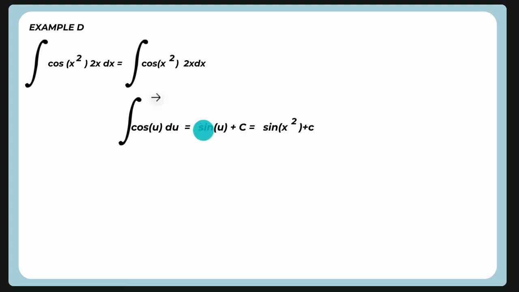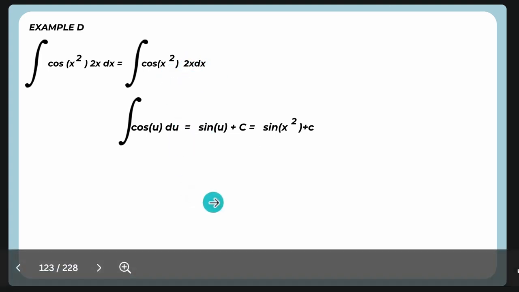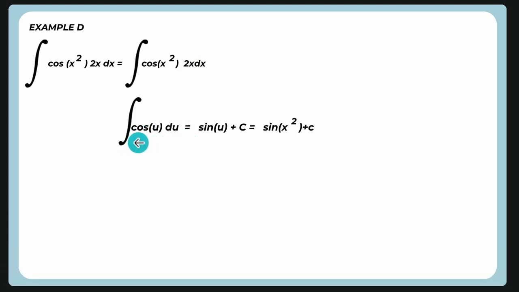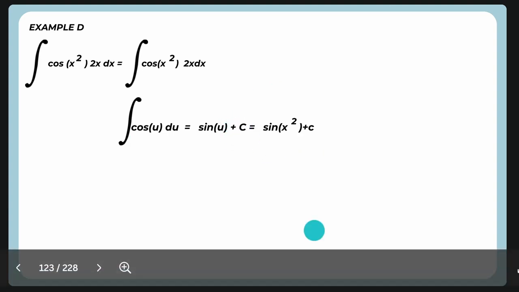So you have x squared as u, and 2x dx would be your du. Because we already know that the derivative of this value is 2x, this already shows that it's going to be du. After you substitute, now we can integrate. What's the integral of cosine? It is simply sine. So you have sine of u plus c. Now you can put your u value here, which is x squared, plus c.